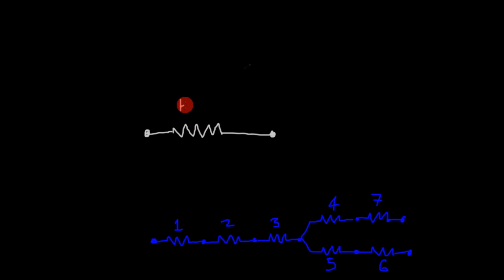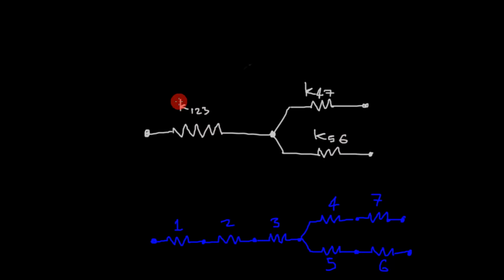Let's call it K1,2,3. Then 4 and 7 can be combined to get K4,7, and 5 and 6 can be combined to get K5,6. So what would K1,2,3 be?